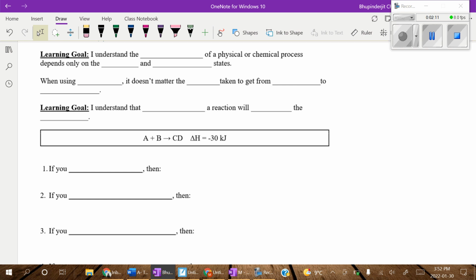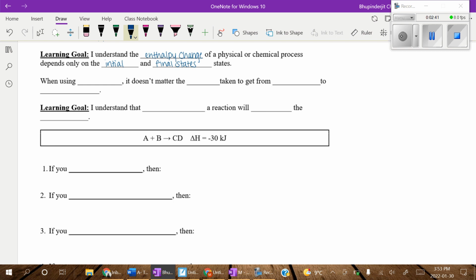Next learning goal. I understand that enthalpy change of a physical or chemical process depends only on the initial and final states.